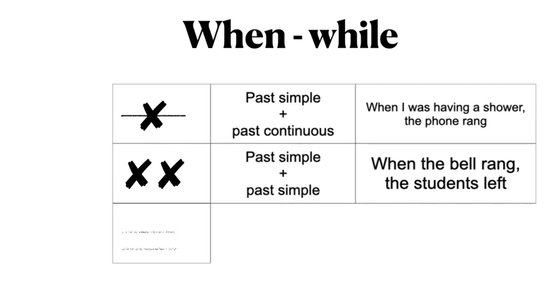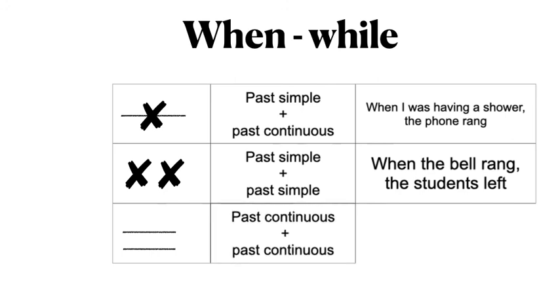The last structure, two lines, which will be two past continuous, meaning that there are two actions that happen simultaneously at certain moments. They don't need to be strictly simultaneous and start and end at the same time, but they have to be developing at some point together.